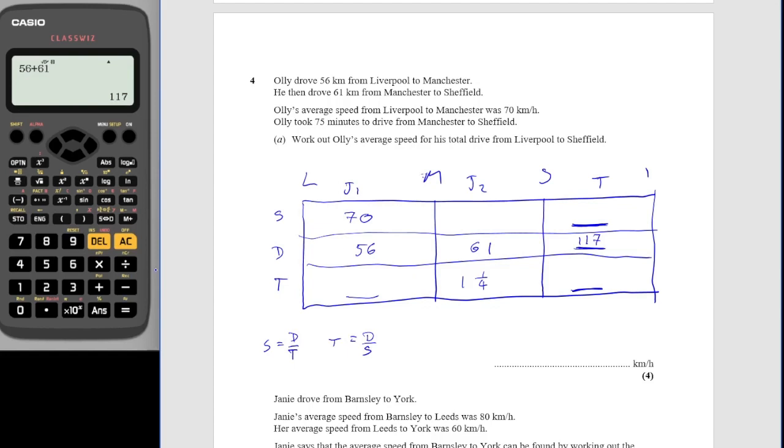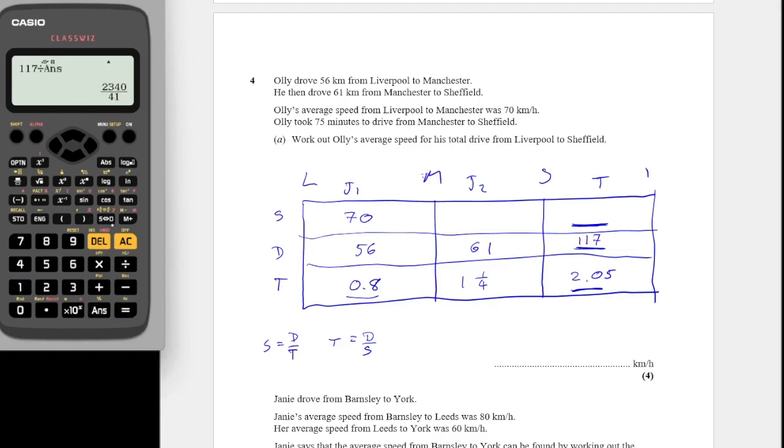So distance divided by speed is going to be 56 divided by 70, so that's going to be 0.8. So his total time for the journey is going to be that plus 1 1/4, or 1.25. So it's going to take him a total of 2.05 hours. So his speed is going to be distance divided by time, so 117 divided by that answer.